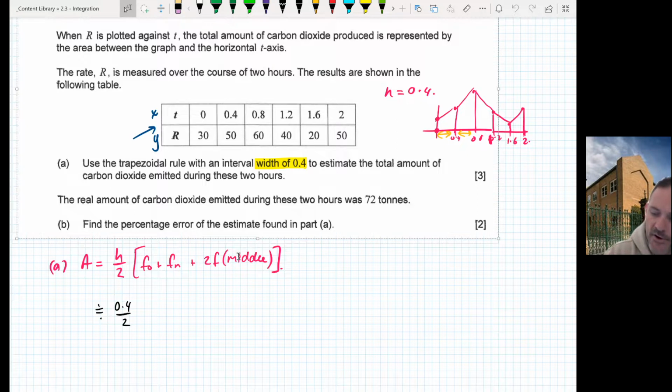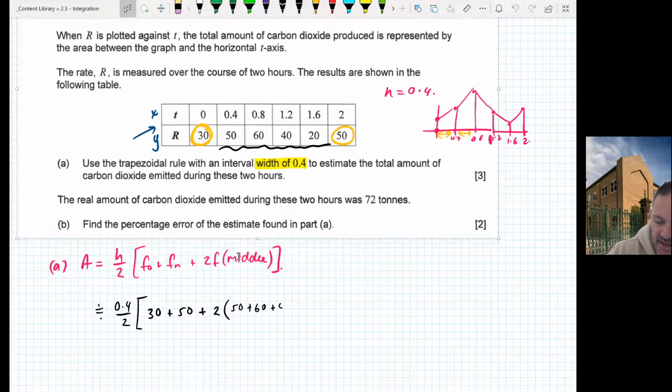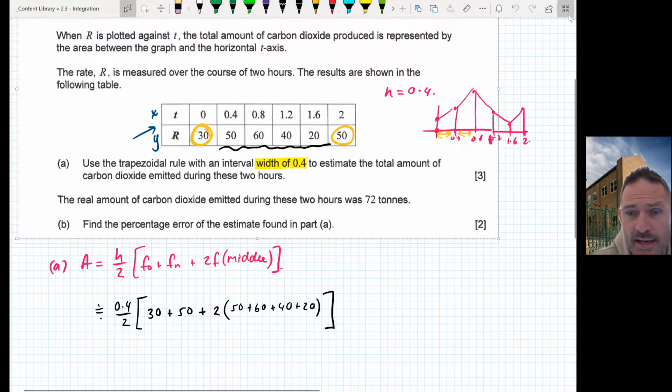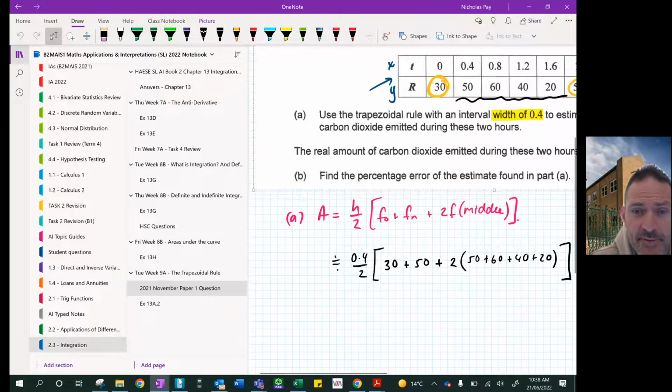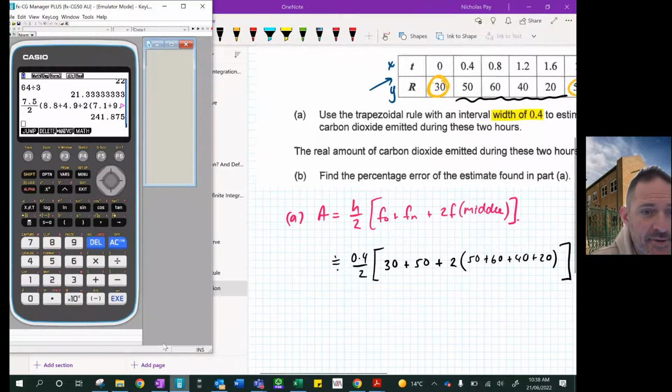And then the very first height I'm looking at was 30, and the very last height was 50. Perfect. So I'm going to put 30 plus 50 plus 2 times, and now I'm doing all the middle terms: 50 plus 60 plus 40 plus 20, and then it is simply a matter of throwing that into my GDC. Not that hard, is it, really?